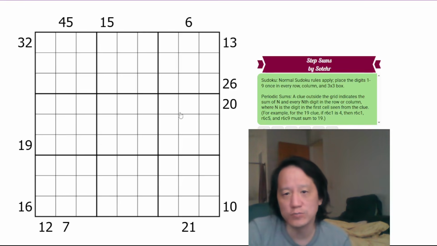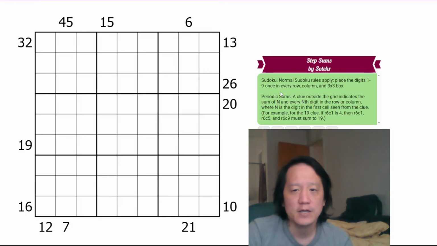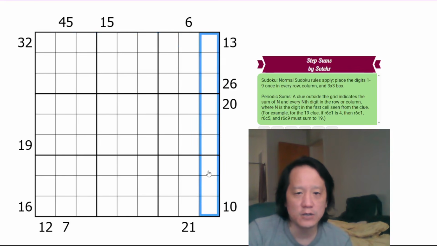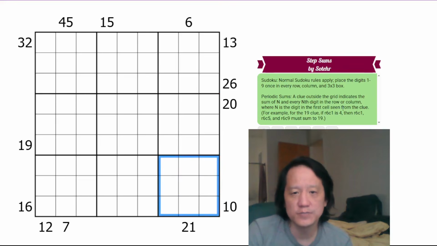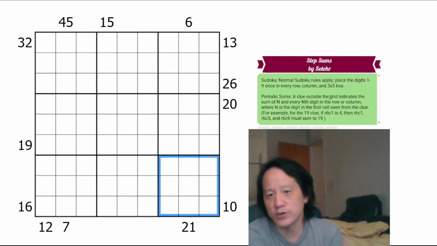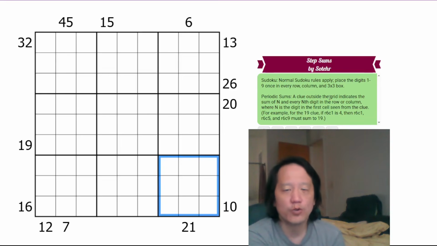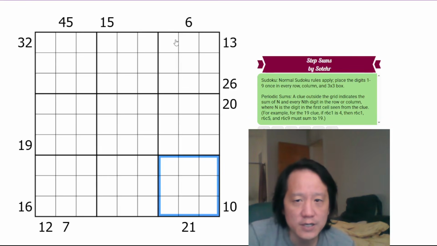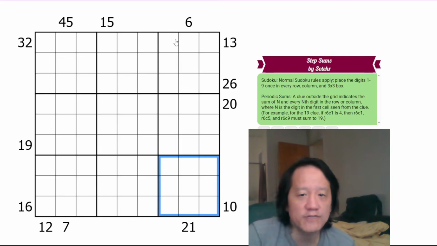We have Sudoku, so normal Sudoku rules apply, which means place the digits 1 through 9 once in every row, column, and 3x3 box. We have a new rule that I've never run into, so let's explain it. We have periodic sums, where a clue outside the grid indicates the sum of n and every nth digit in the row or column, where n is the digit in the first cell seen from the clue.